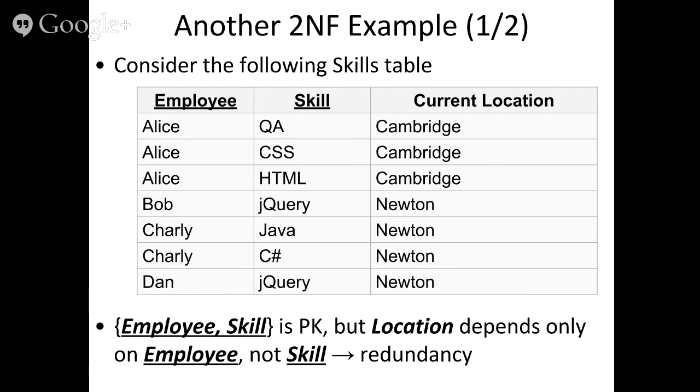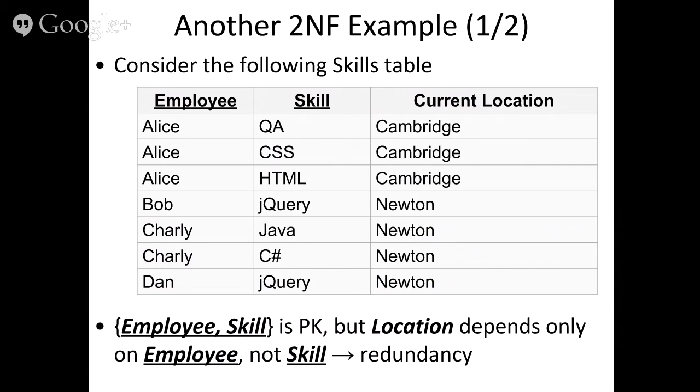And I might also want to capture where they are working. They're consultants, and on Mondays and Wednesdays they consult in Cambridge, and Tuesdays and Thursdays they're in Newton. I want to keep track of where they are. So, for instance, one way to capture it is saying, here's Alice, I know the skill, and I want to capture where they are, Cambridge.